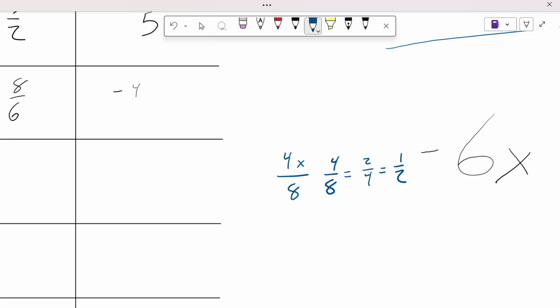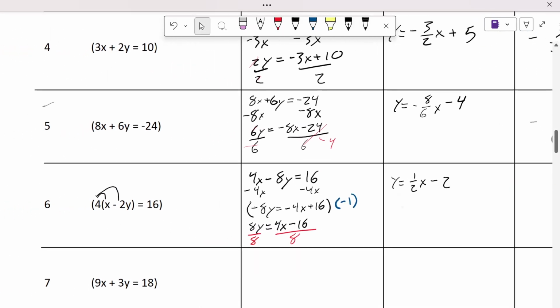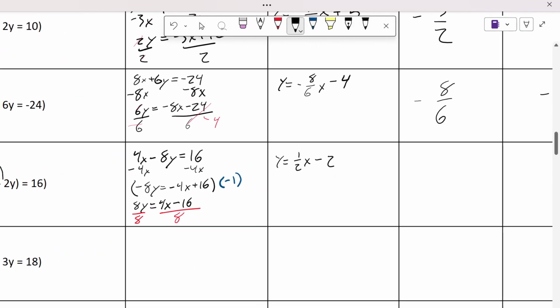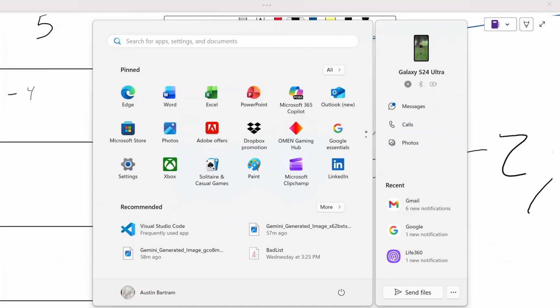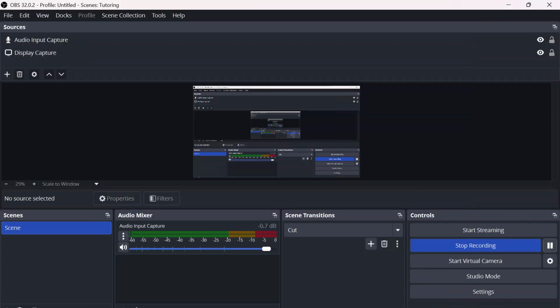So just to simplify, because 4 is half of 8, it's easier to just do 1/2. So that's why I did 1/2 x minus 2, because 8 goes into 16 twice. But from here, once again, pause the video.